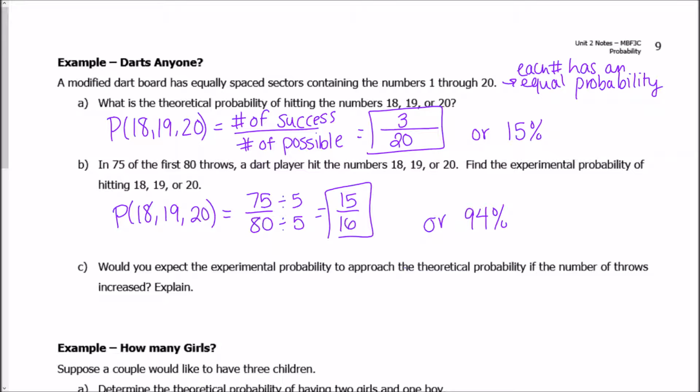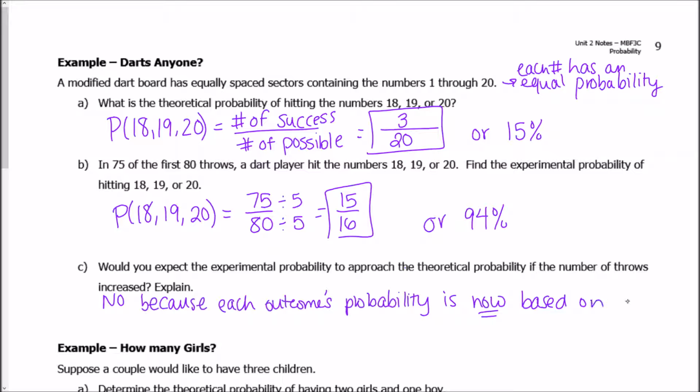So right here we're going to say no, because each outcome's probability is now based on where the player aims.